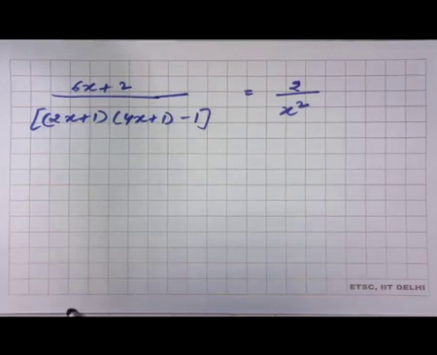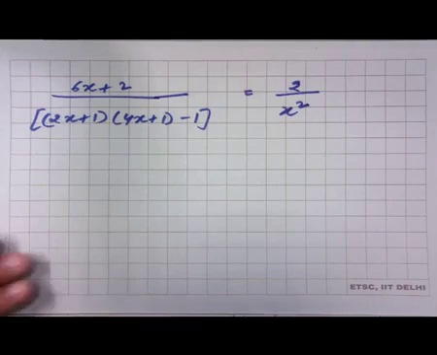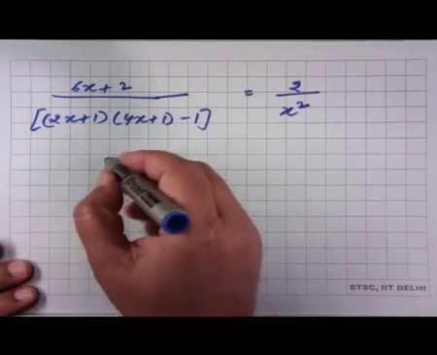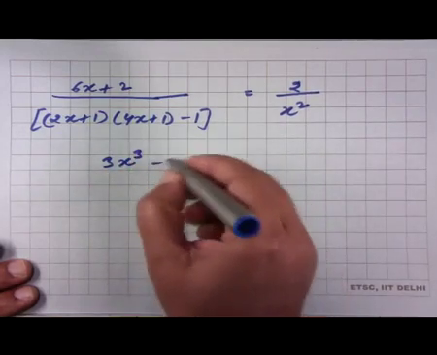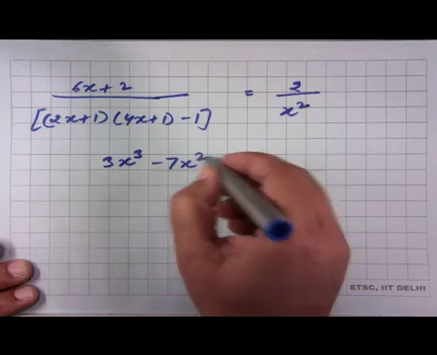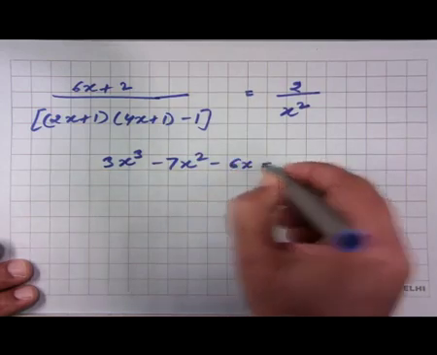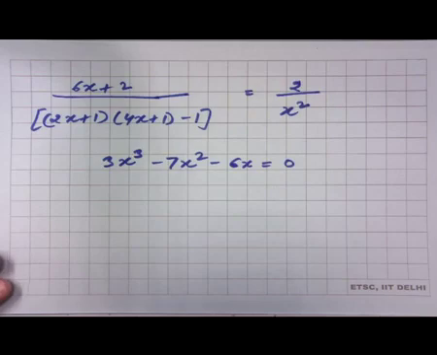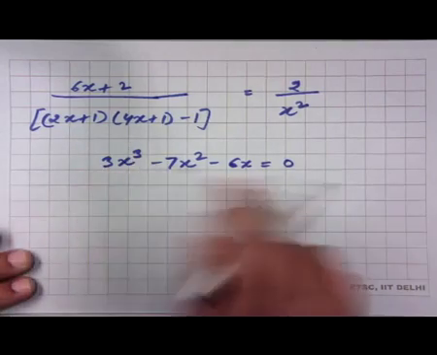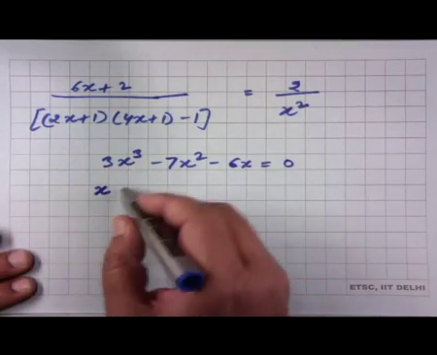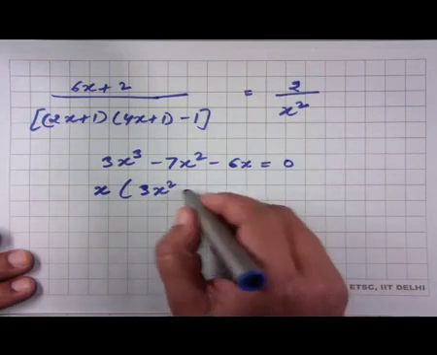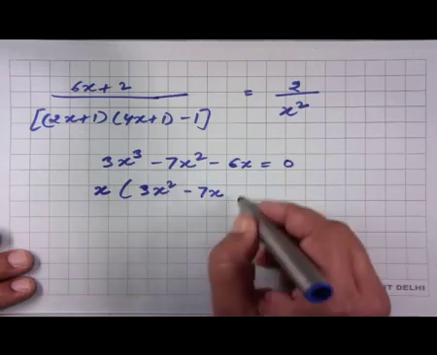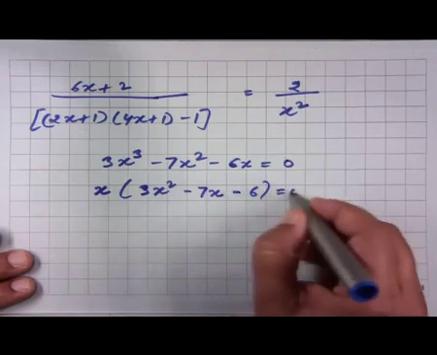And if we simplify this expression algebraically, what we end up getting is that x must satisfy this polynomial equation, and this can be further factored as x into 3x square minus 7x minus 6 equals 0.